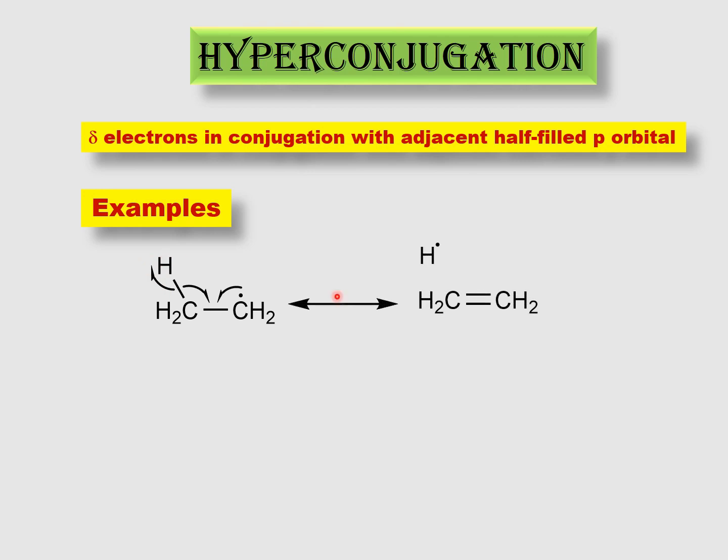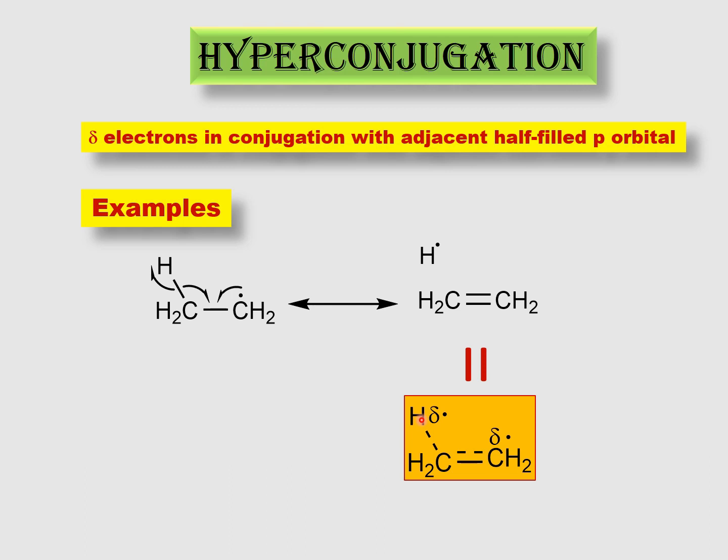So in fact, now we have a carbon-carbon double bond and a hydrogen radical, which still remains within bonding distance with this carbon. And it can, of course, take an electron from this pi bond again to form this species again. And that means that the electron density of this single electron is now shared by this carbon and this hydrogen.